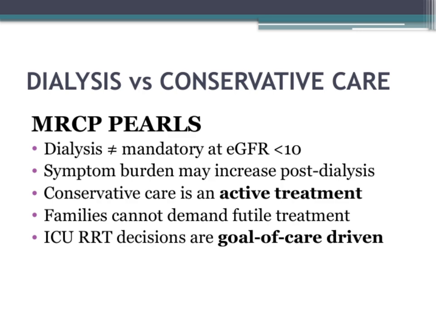This brings us to an important ethical point. Families cannot demand futile treatments. We need to ensure that the care provided aligns with the patient's best interests and realistic outcomes. In the ICU setting, decisions around renal replacement therapy are driven by the goals of care. It's crucial to have clear discussions about what the patient values most and what outcomes are achievable.